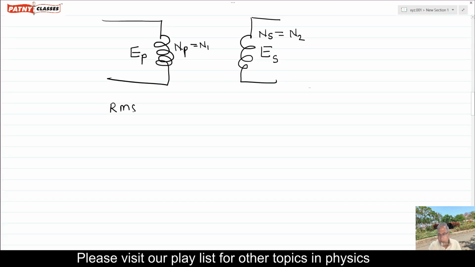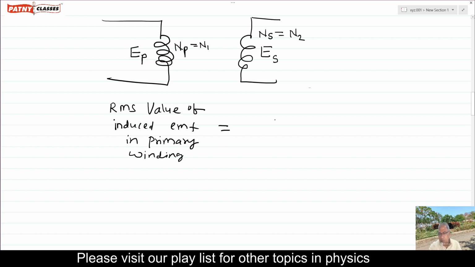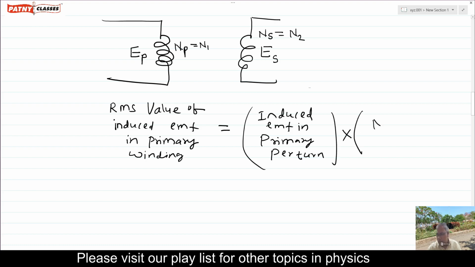Now, the RMS value of induced EMF in the primary winding equals induced EMF in primary per turn into the number of primary turns.